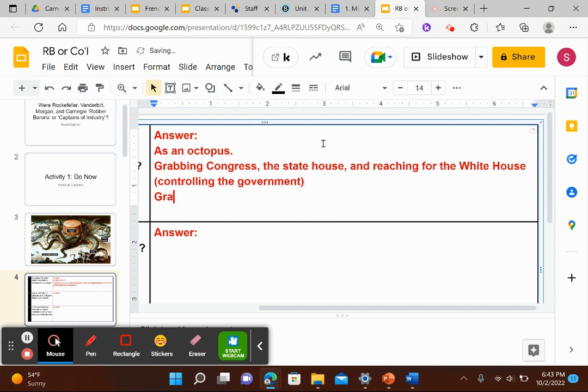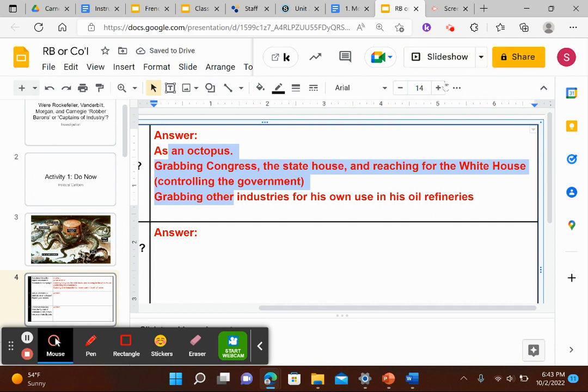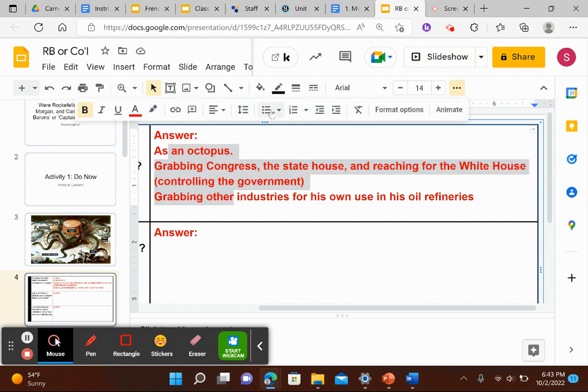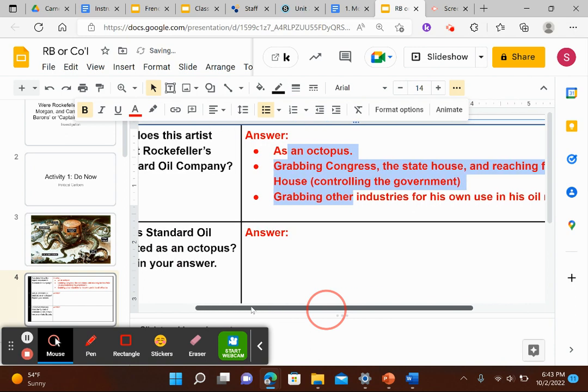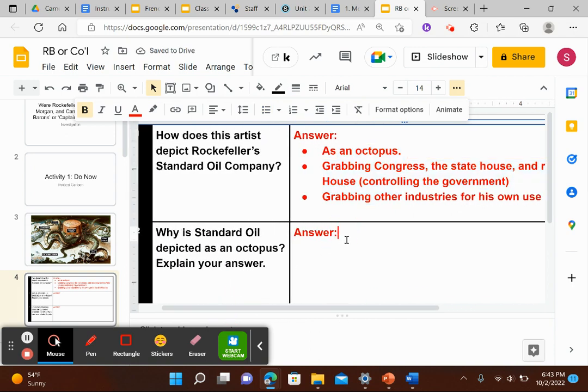He's also grabbing other industries for his own use in his oil refineries. Very good. I'll go ahead and put some bullet points here. Okay. The second question asks, why is Standard Oil depicted as an octopus in this case?